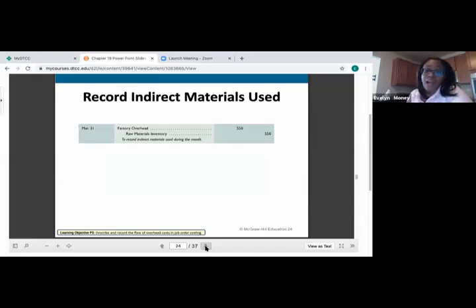This is the one where I like to do one big entry, because usually when we are issuing materials into production, the materials are both direct and indirect. So if you look at my handout, to deal with the direct materials, we debit work in process, but to deal with the indirect materials, we debit factory overhead. The credit still goes to raw materials inventory. So we'll see an example of that one in a second.